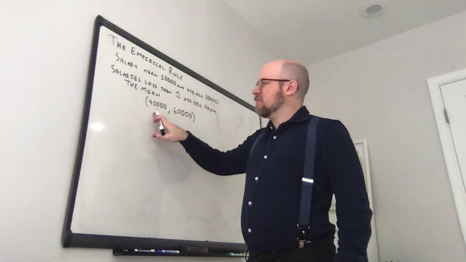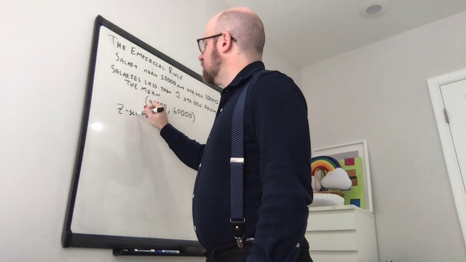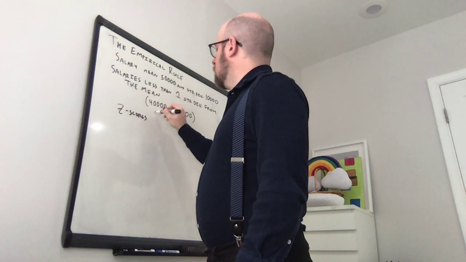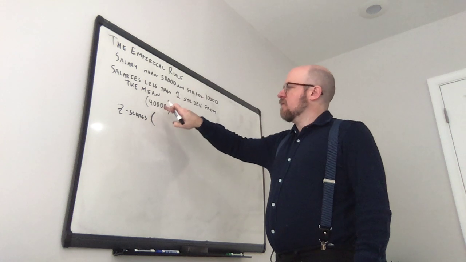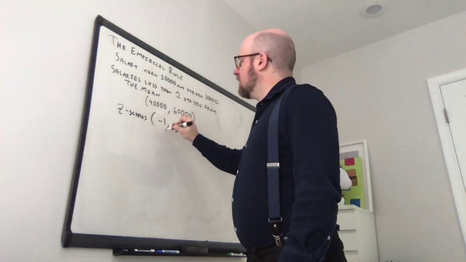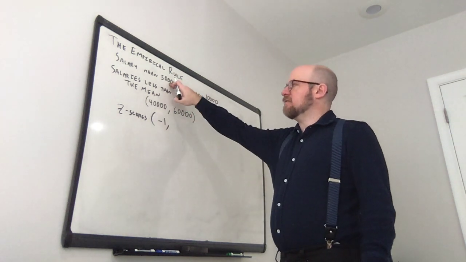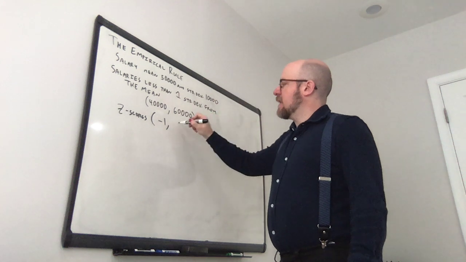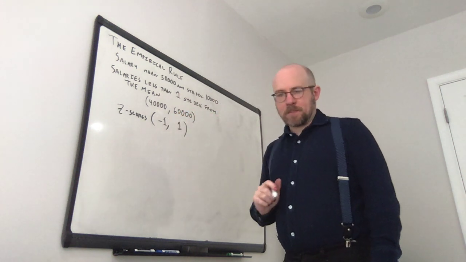If you think about this in terms of z-scores, since this is one standard deviation less than the mean, 40,000 minus 50,000 divided by 10,000 gives you a z-score of -1. 60,000 minus 50,000 divided by 10,000 gives you a z-score of +1.